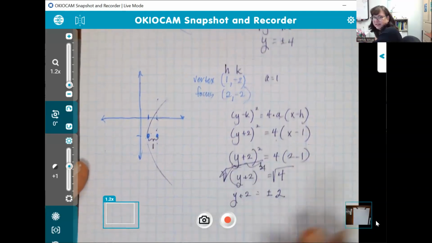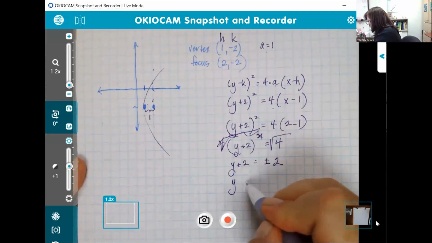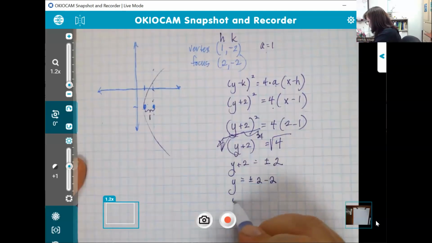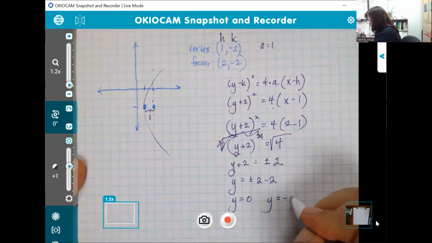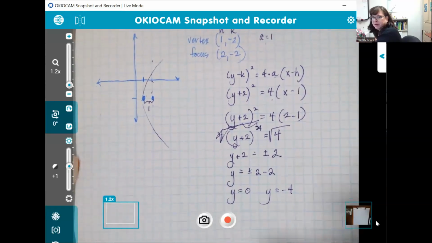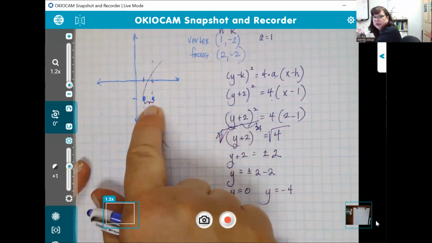So y equals plus or minus 2, minus 2. That's going to be positive 2 minus 2 is 0, and -2 minus 2 is -4. So what are my two values for my latus rectum? Remember, we were using the x value of 2.